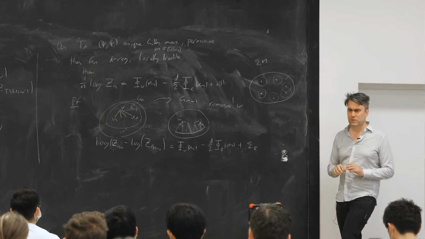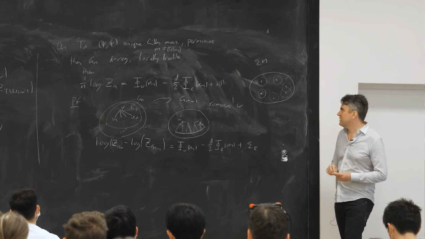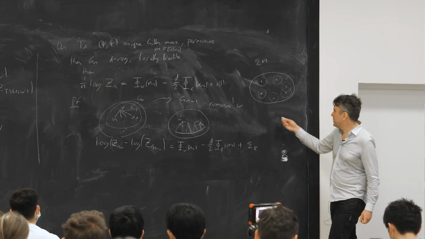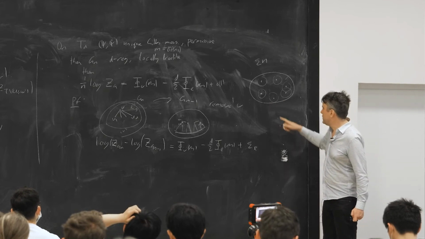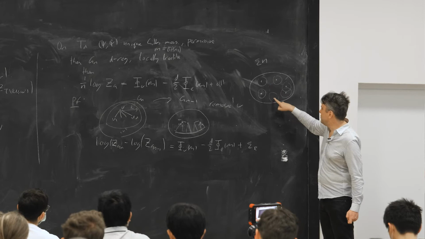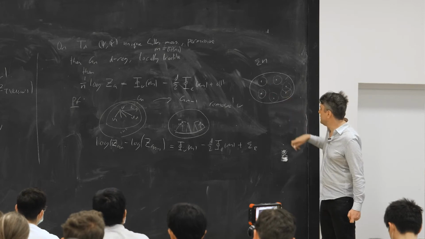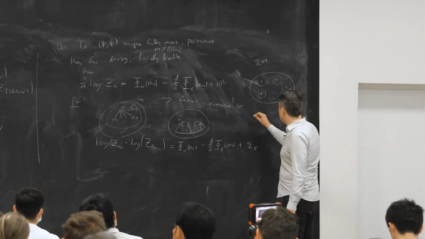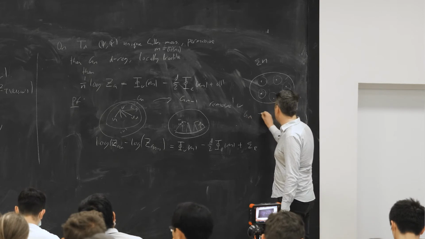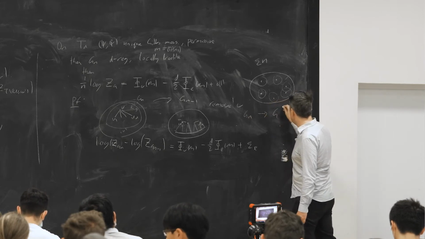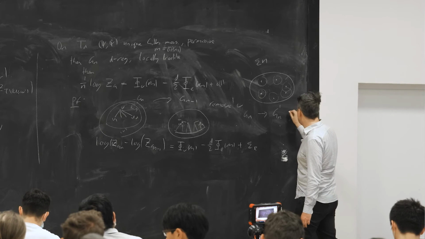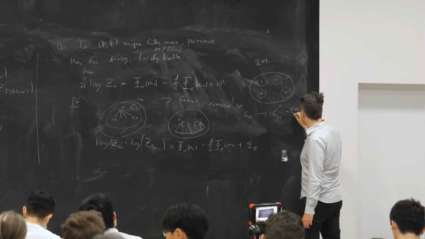Does that make sense? Then I want to rip out each of these vertices. So I'll go from Gn to, let's say, G prime n, which is where I subtract epsilon n vertices.